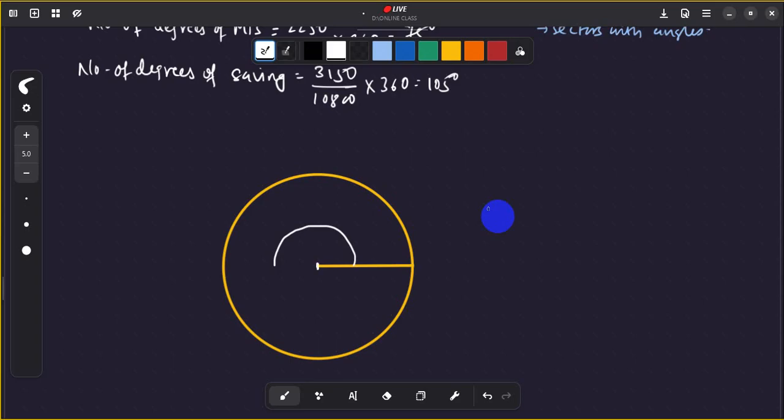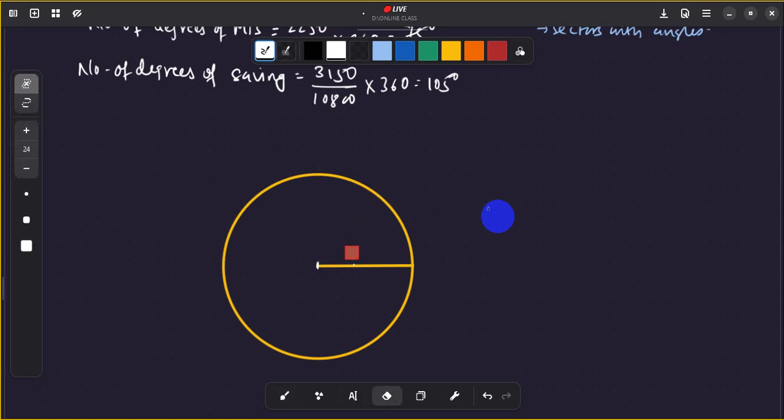The center line will lie here at this point. Then we need to count 70 from here, like 0, 10, 20, 30, 40, 50, 60, 70, and then we will construct like this. This is 70 degrees. Okay, did you get this, or do you have any confusion? No, sir. Okay, very good.